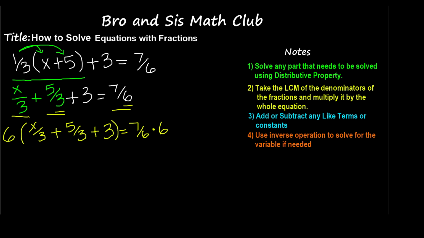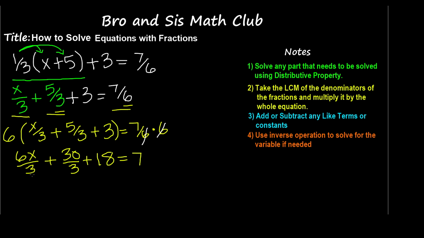So when we multiply 6 by x over 3, we get 6x over 3. When we multiply 6 by 5/3, we get 30/3. When we multiply 6 by 3, we get 18. And when we multiply 7/6 by 6, we cross out the 6 and the 6, and we're left with 7.